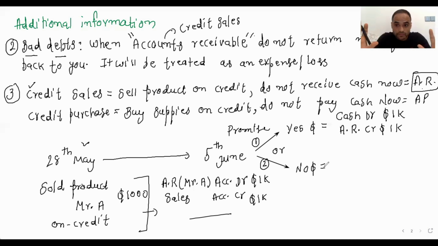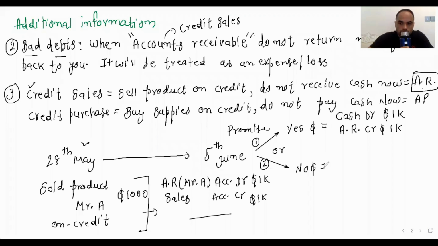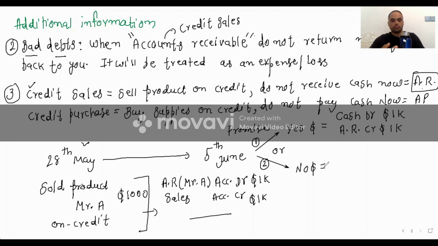One thing is confirmed: cash will not be debit. So instead of cash, what will be debit?